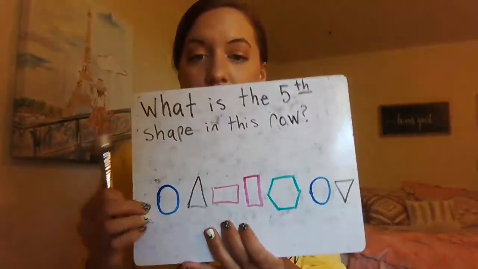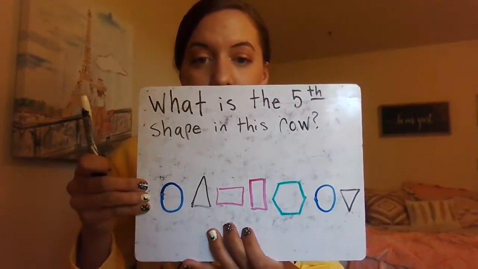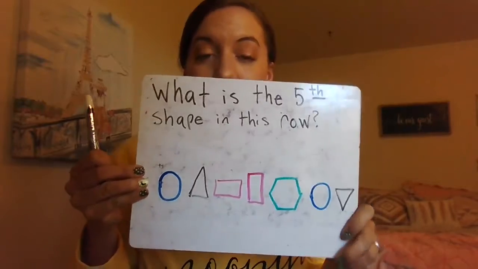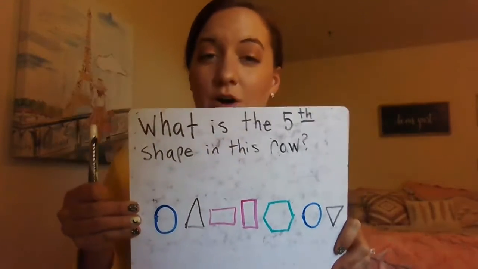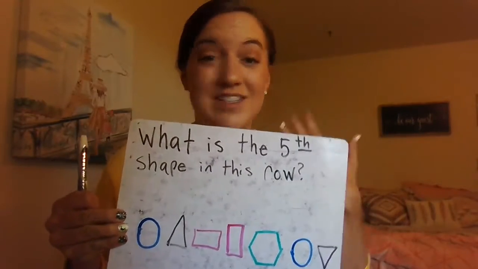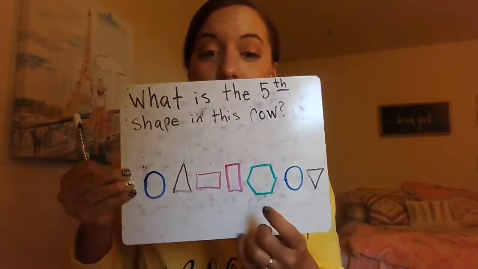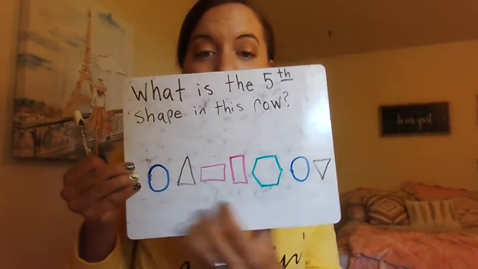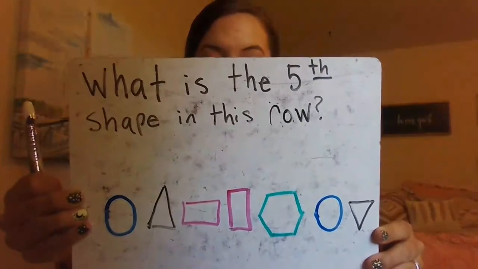So you start always over here, like when we're reading, and then you need to count to the fifth shape in the row. And then you can just say it out loud to your parents, or you can draw a picture of whatever shape is fifth in the row, okay?